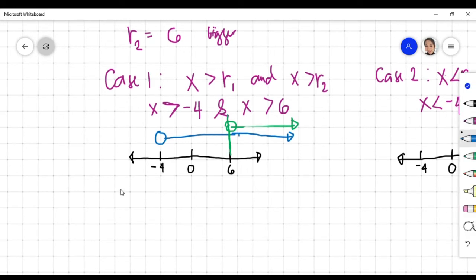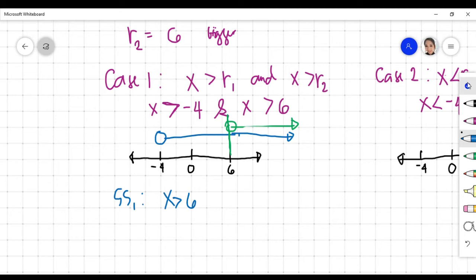So our SS1, or solution set 1, would be the part where they intersected. It starts from here, which is x greater than 6.